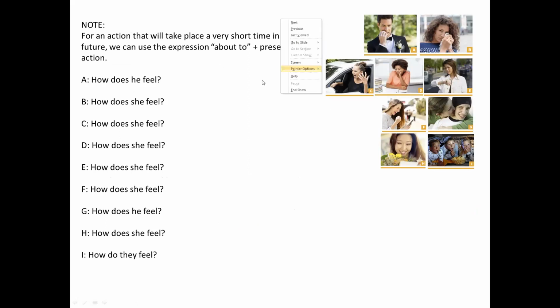Just a quick note about picture A. If the action will happen in the future, but it's a very short time in the future, we can say about to, and then our present simple action.